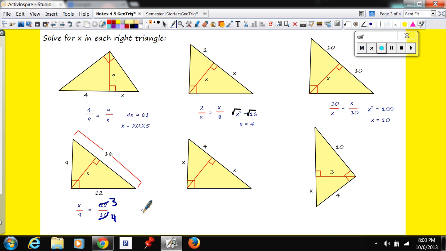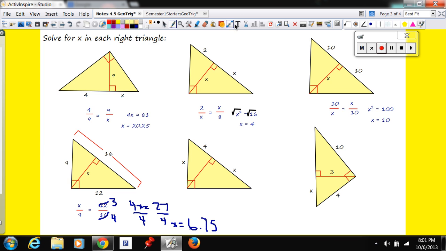So I would end up with 4x equals 27. And you would divide by 4. So x is going to equal 6 3/4, so 6.75, or you could put 6 3/4.